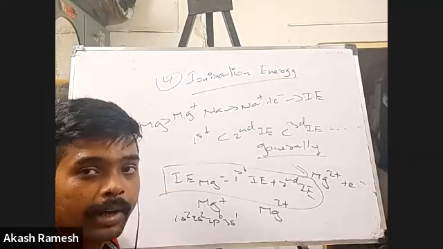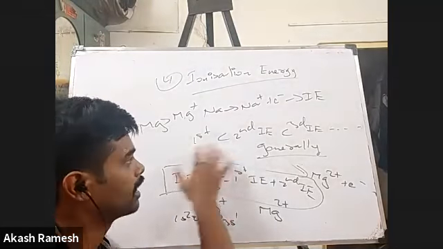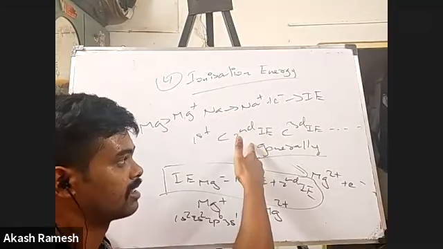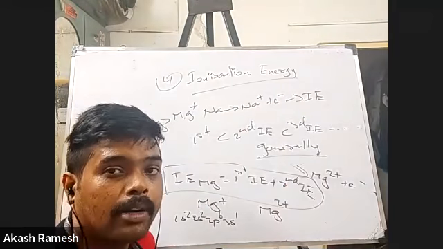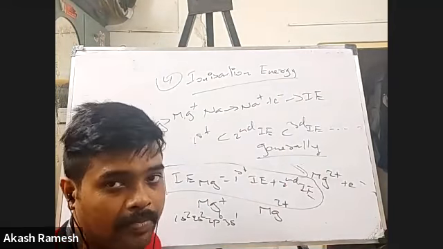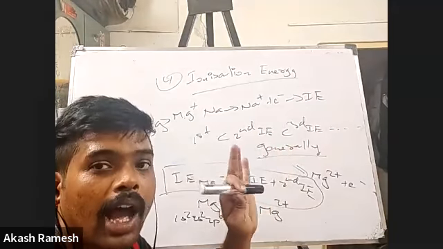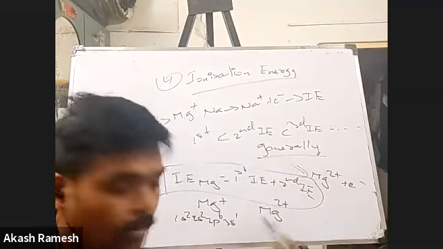It's always better to look at the electronic configuration. This will happen in 95% of cases. The only case where this will not work is when you have half-filled configurations.